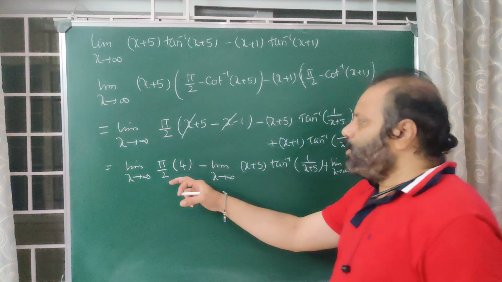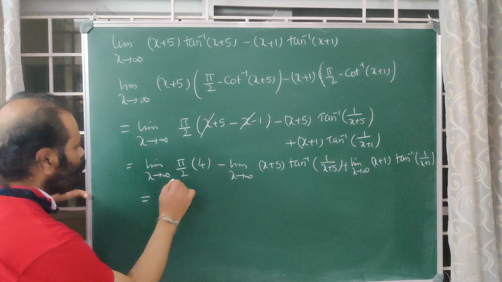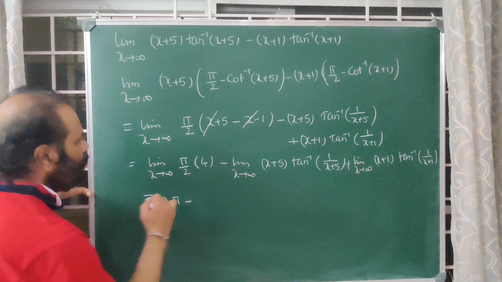Here the first part is independent of x, so no need to worry about x. Hence it will be equal to 2 pi minus.